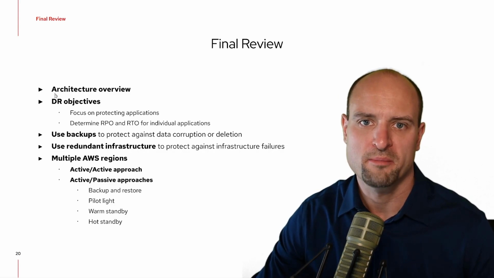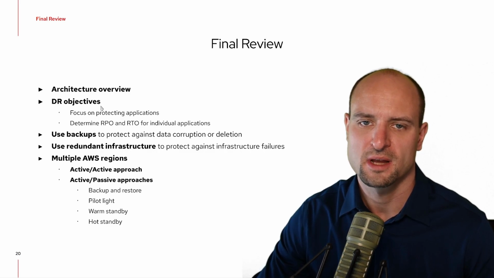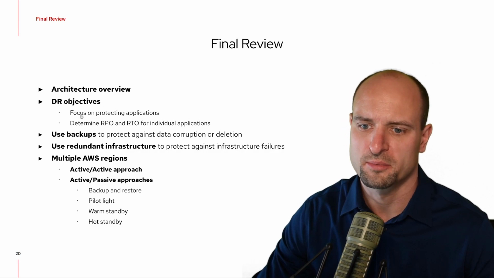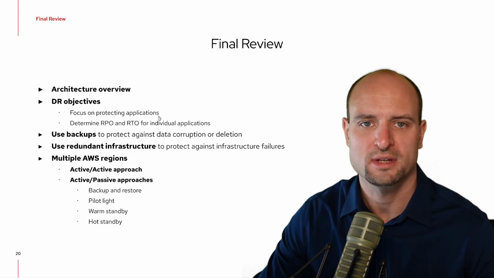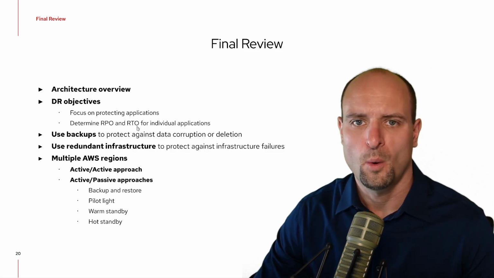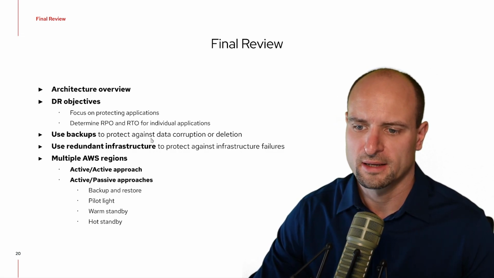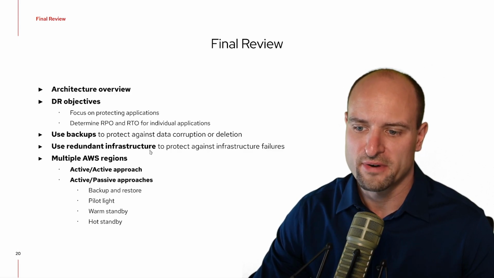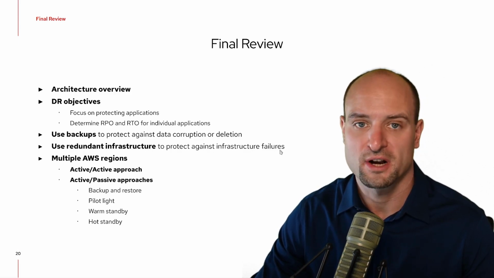I walked you through the main disaster recovery objectives we had on this project. The number 1 objective for us was to protect the applications from downtime. And for that, we had to define the recovery point objective and the recovery time objective for each of our individual applications. We used data backups to protect against data corruption and deletion. And we used redundant infrastructure to protect against infrastructure failures.